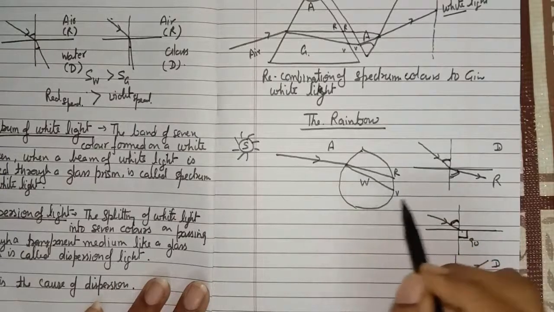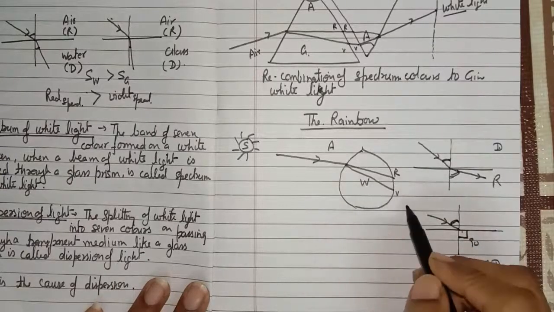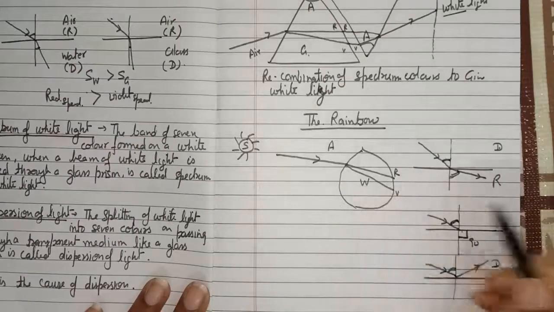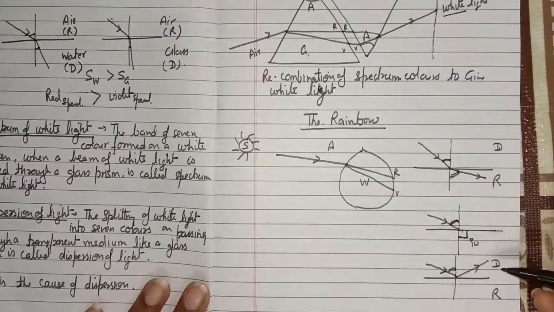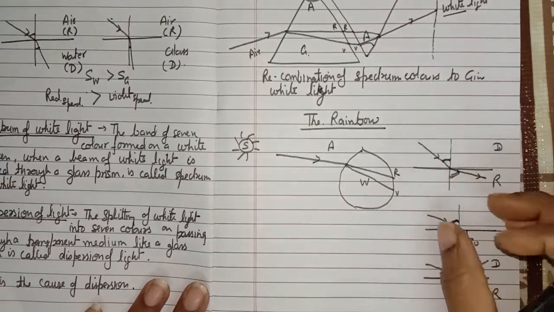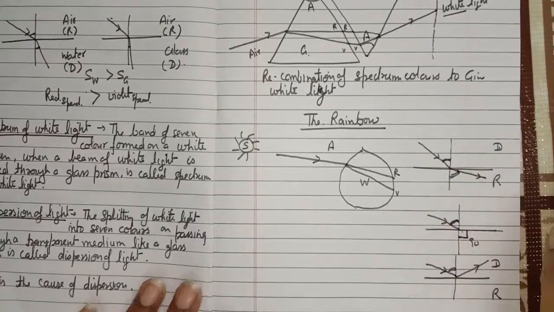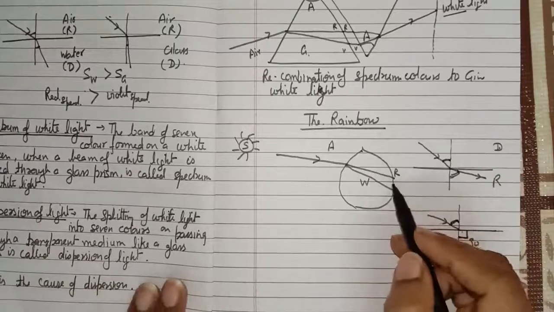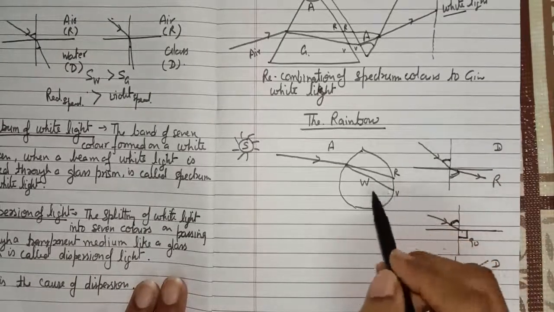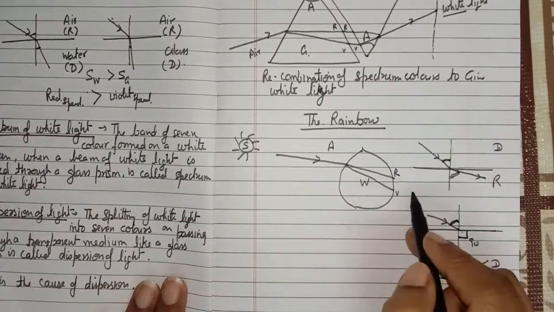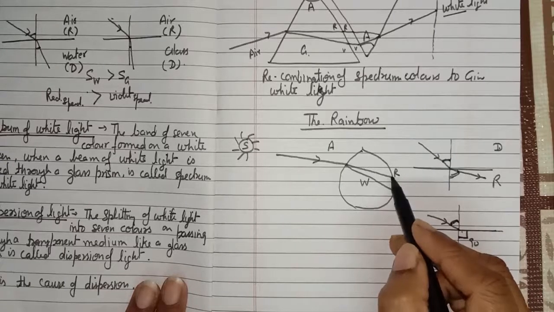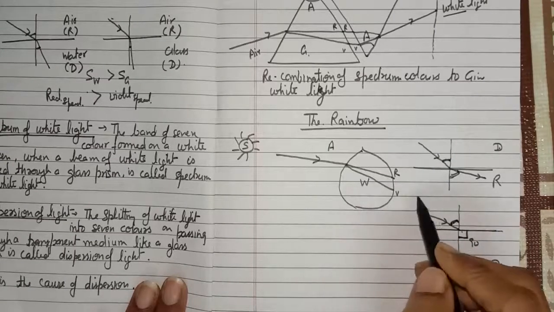Now here we know that water is a denser medium, air is a rarer medium. I explained to you that when the light passes from the denser to the rarer medium, total internal reflection can take place. So it also happens in the rainbow. When the light is coming from the water into the air, the total internal reflection takes place, since water is a denser medium and air is a rarer medium.